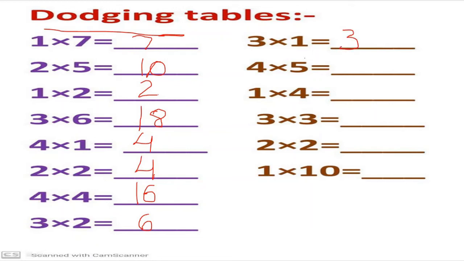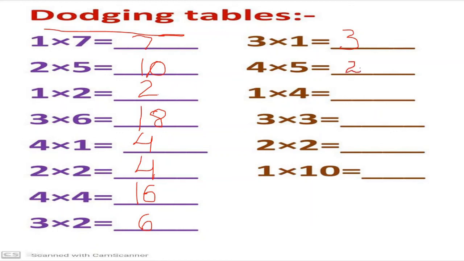Very good. 4 fives are. Here we have to start counting from table of 4. 4 ones are 4, 4 twos are 8, 4 threes are 12, 4 fours are 16, 4 fives are 20.